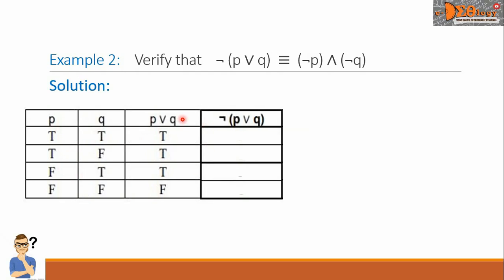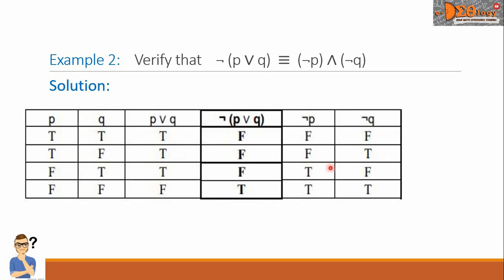Next, we will negate this column. So T here becomes F and F becomes T respectively. And then, let's have the negation of P and negation of Q. So all the values of P and Q are negated on these two columns.